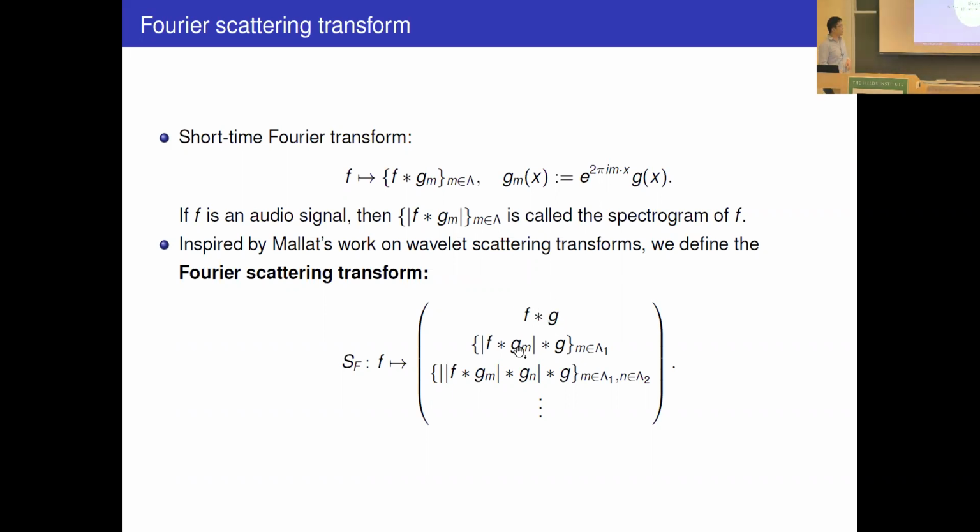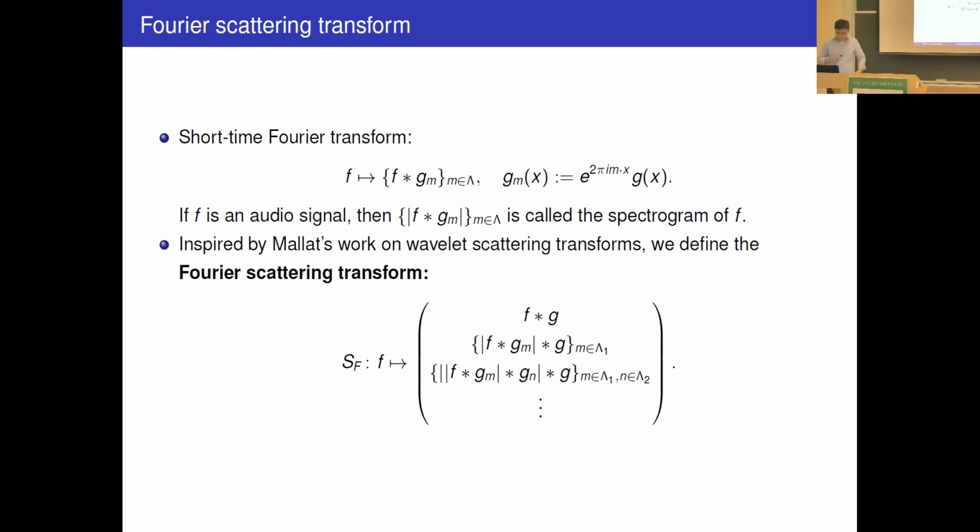And then convolutions of f with these g sub m's are bandpass filters. They capture the higher frequencies of f. We take their modulus, convolve with g, which gives us the low pass. And then for the remaining high pass, we continue this cascade of high pass convolutions with modulus, with low pass, and so forth. And you can build this very complicated nonlinear representation of f.